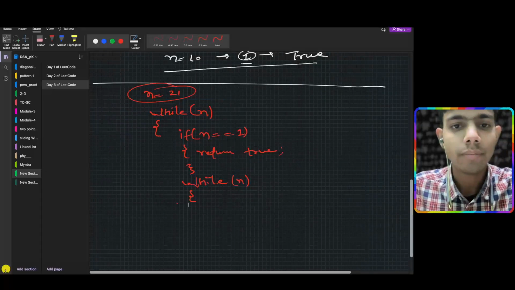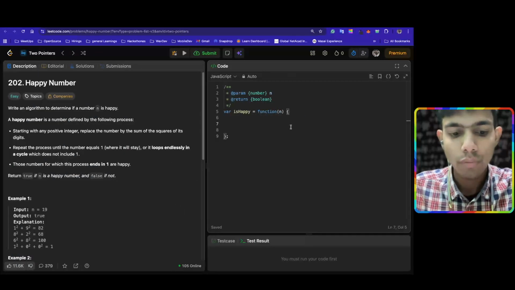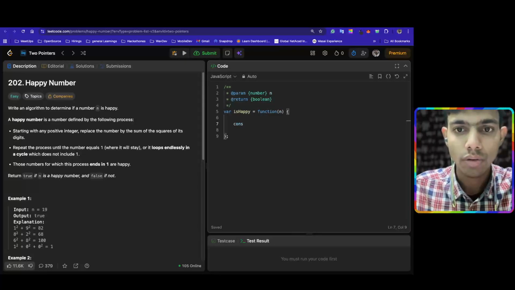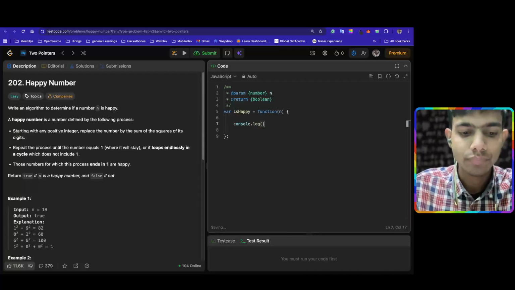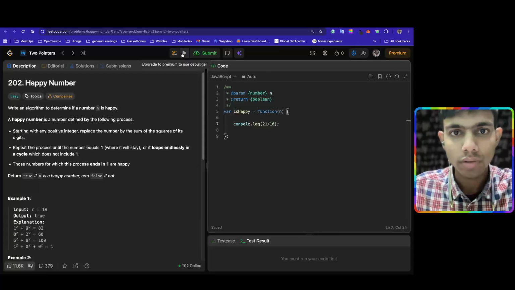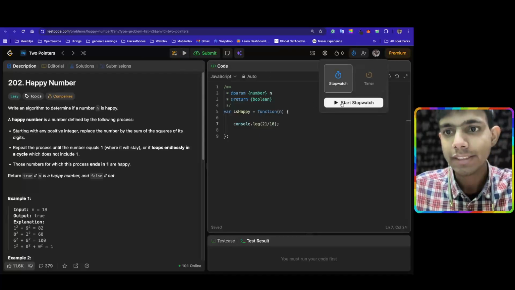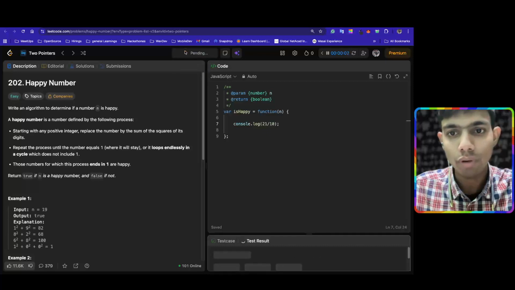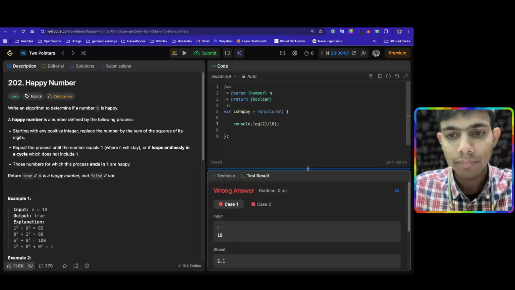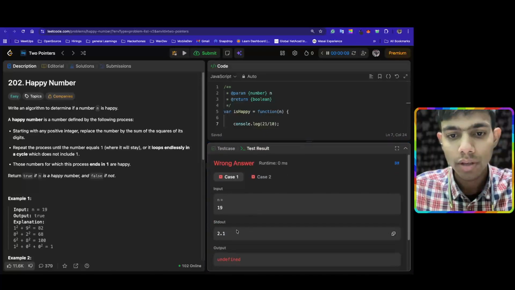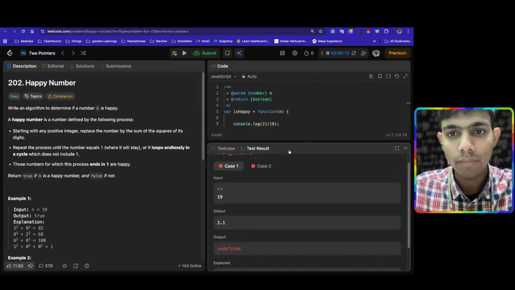So guys, you can see if we are just console.log 21 divided by 10. So what is the output? Okay, sorry guys, I'm really very sorry, I forgot. Yeah, so you can see 2.1.